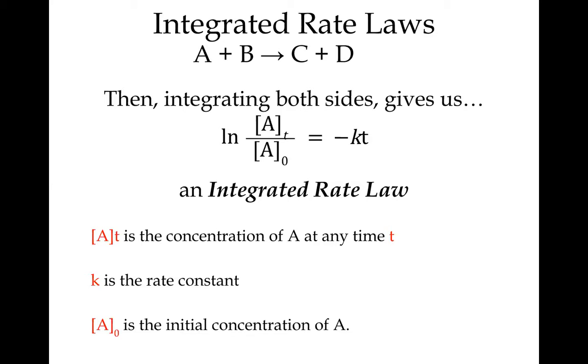So we can compare the initial concentration that we start off with to the concentration as it's decaying or as it's proceeding to react to products. We can look at that at any point in time, and see what it is relative to its rate constant and its starting initial concentration.